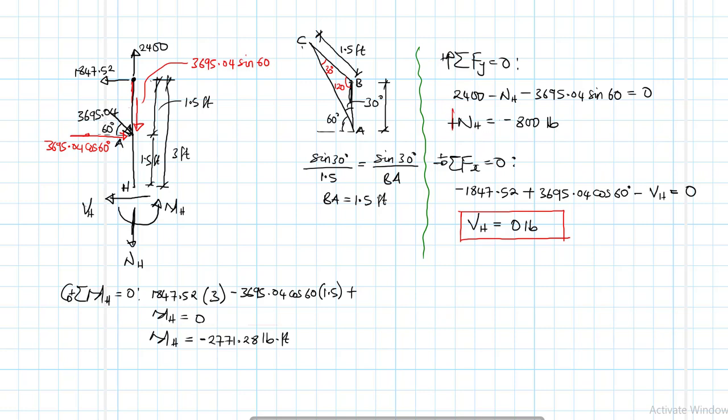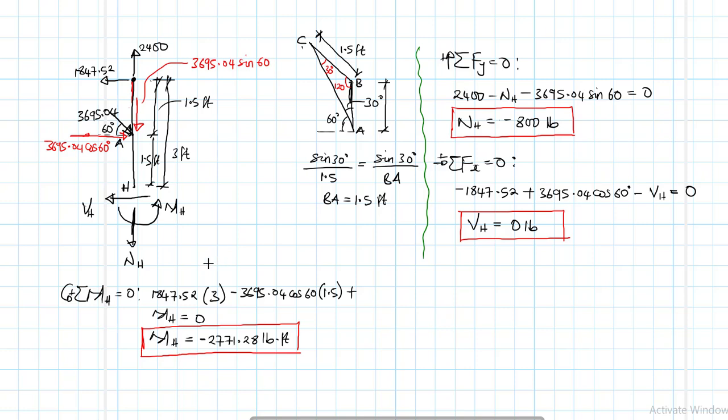This is the shear force. Then we have the normal force equal to minus 800, so NH is supposed to be in the opposite direction. And then we have the moment is equal to minus, also it is supposed to be in the clockwise direction.